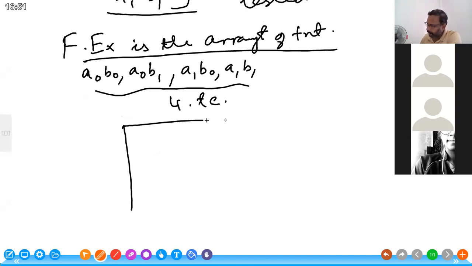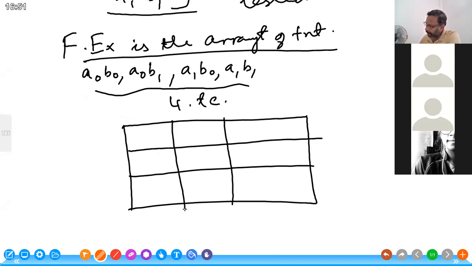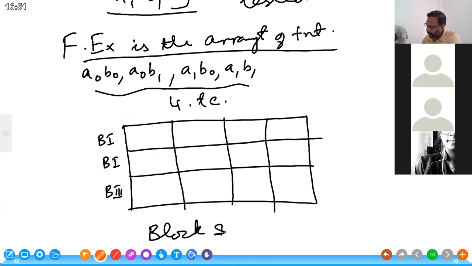Now let's say I have an RCBD, right? 3 replicates. So this is block 1, this is block 2, block 3. Right? What do you mean by block size? In RCBD, what do you mean by block size?